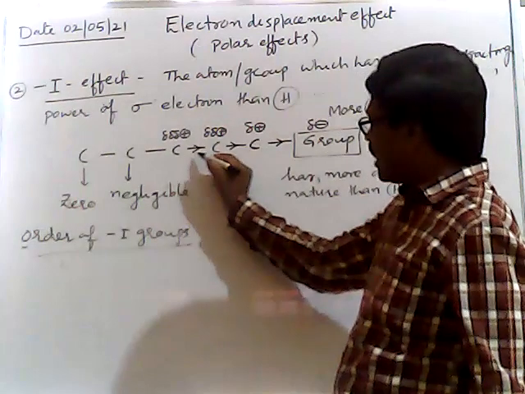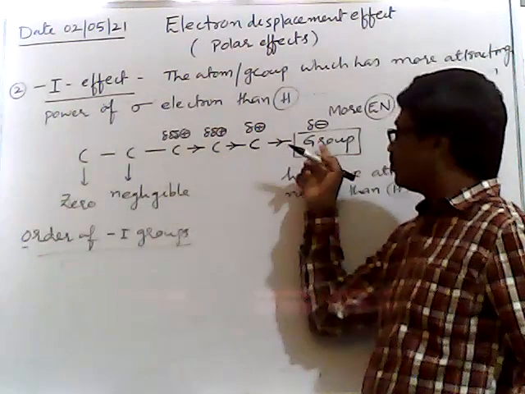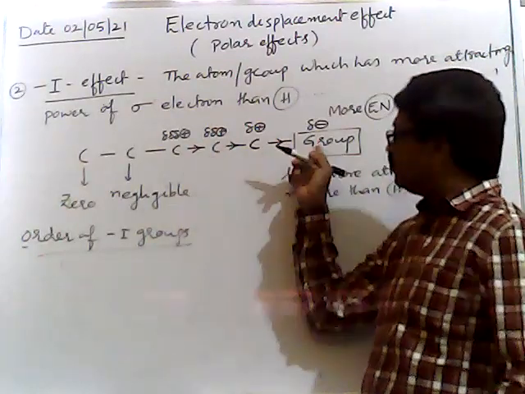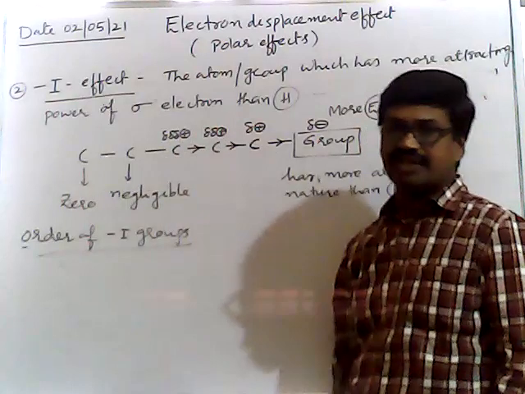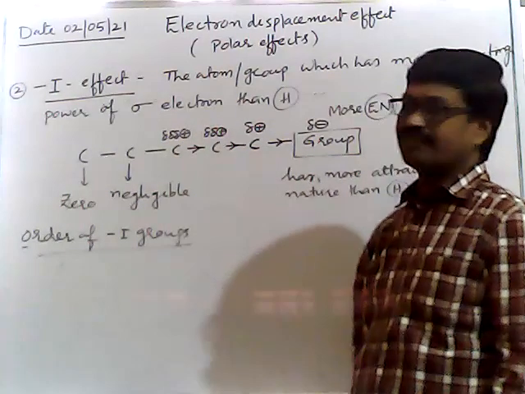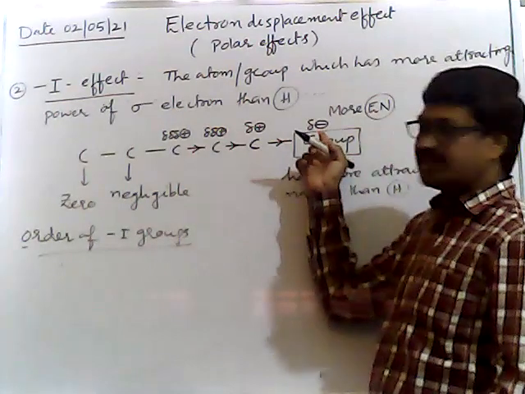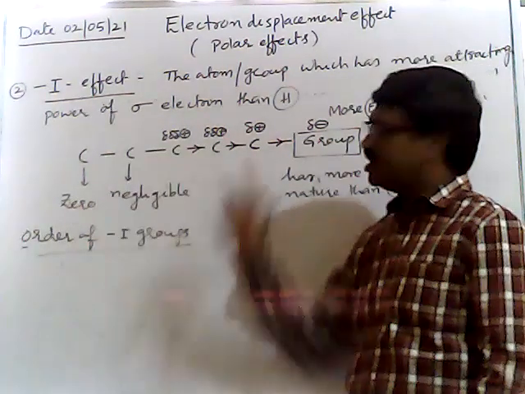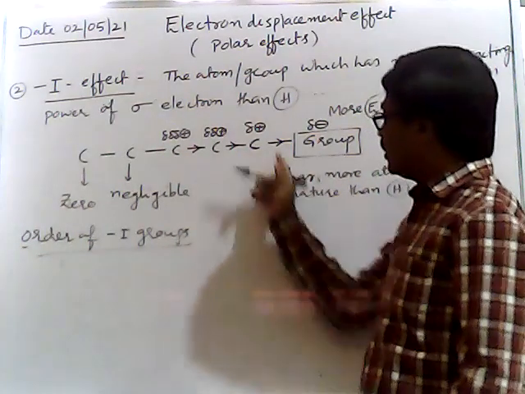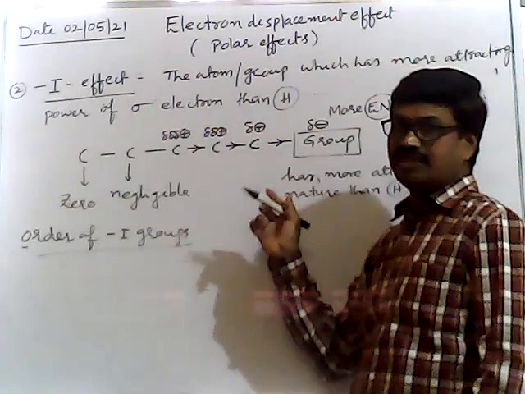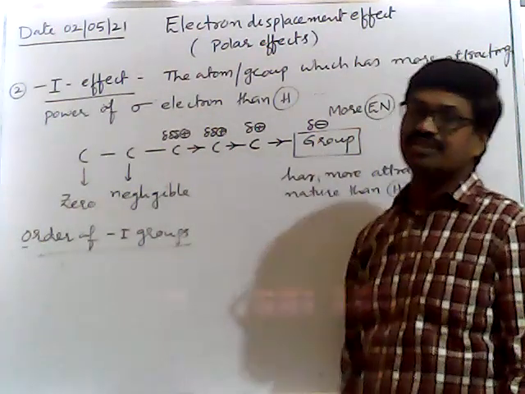This arrow mark means migration or displacement of the sigma electrons towards the group. If it is towards the group, then we can say minus I. Otherwise, in the carbon chain, if you observe positive partial charge, then it is minus I. If you observe the reverse, in the sense that the group takes partially positive charge and the carbon chain takes partially negative charge, otherwise here sigma electron displacement is away from the group. If it is moving towards that side, then we can say it is plus I.